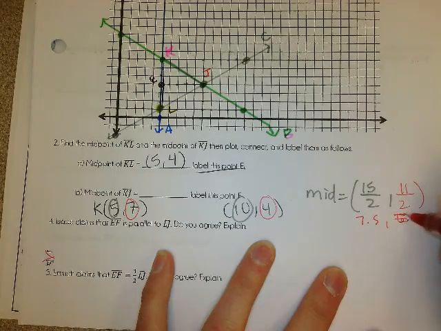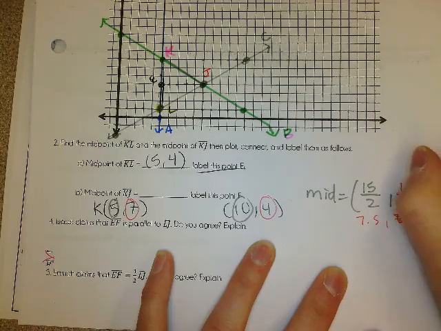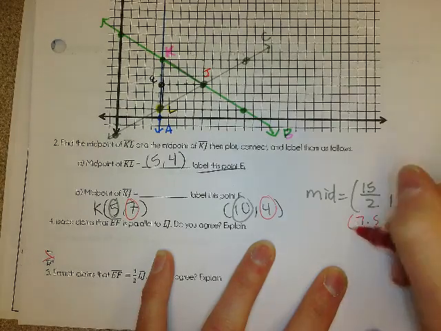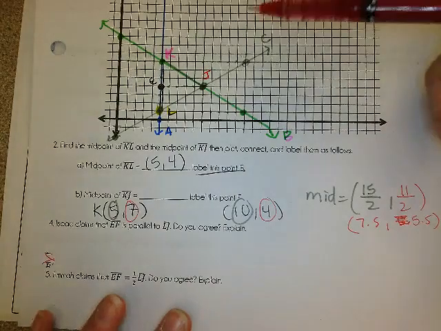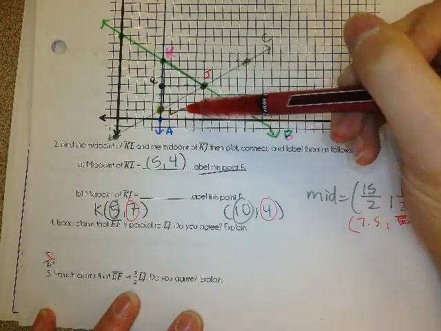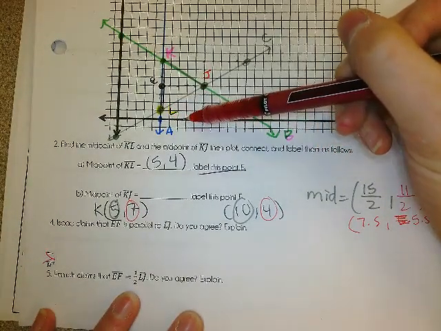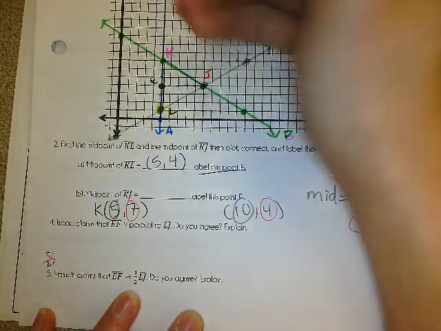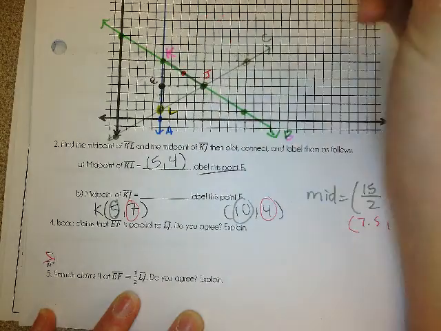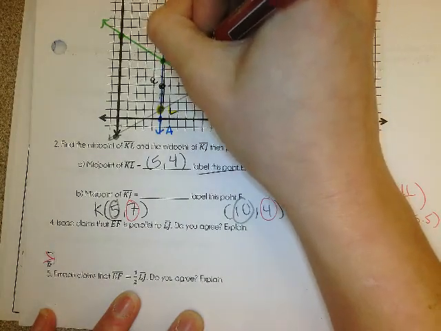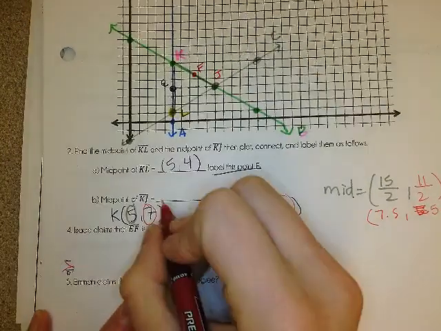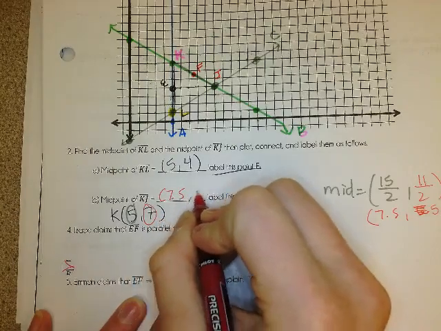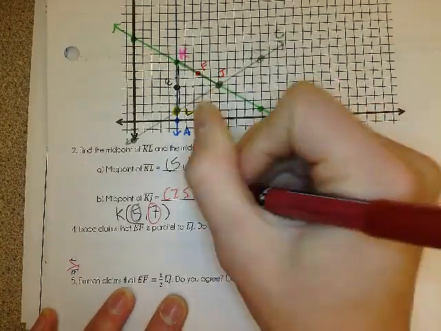I'm sorry, 5.5. Alright, so 7.5, so that's 5, 6, 7, so halfway, and then 5.5. 1, 2, 3, 4, 5, and halfway up. There it is. So 7.5 and 5.5.